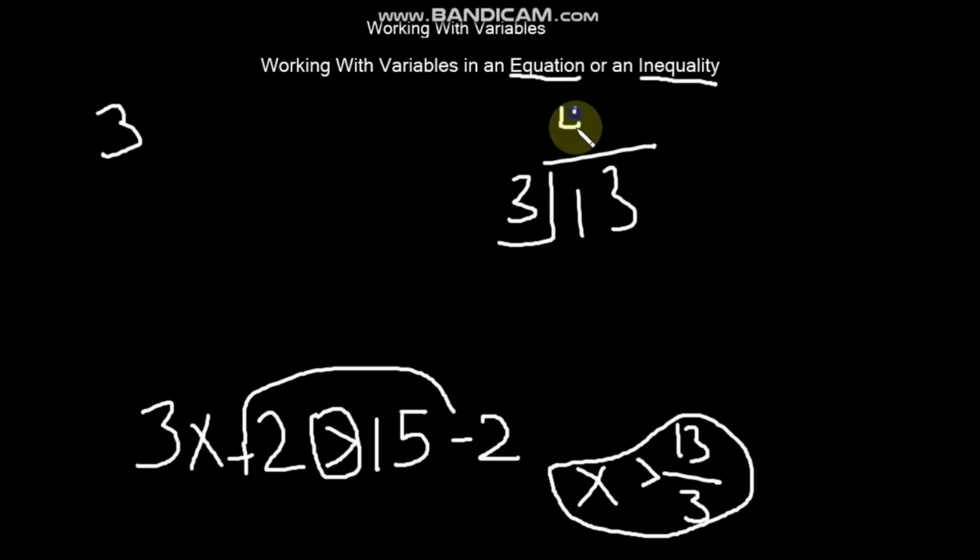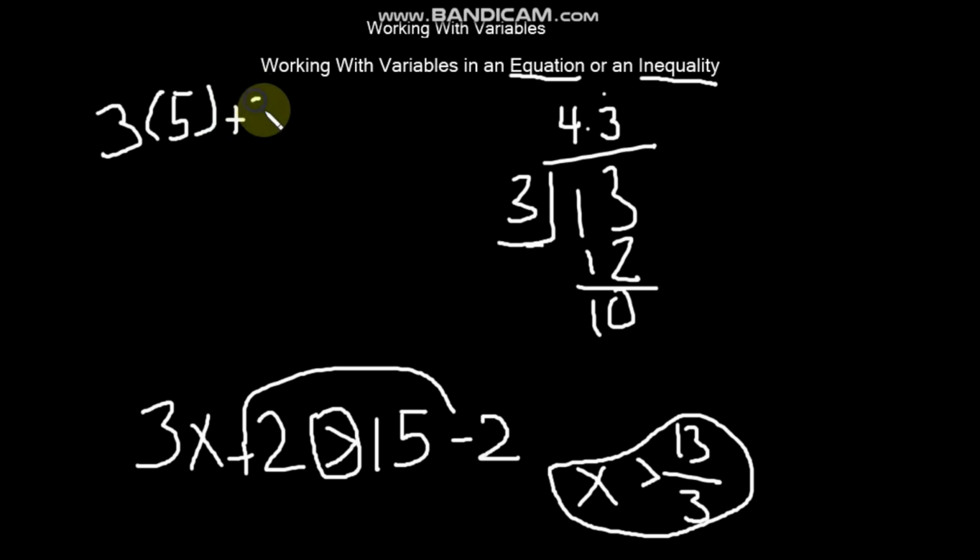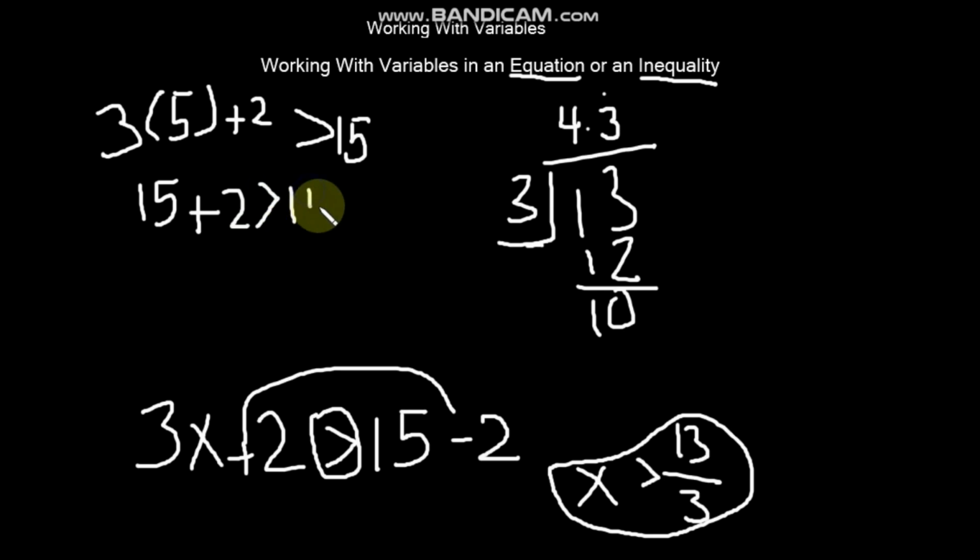So 4, 12, 1, 0.3. So 4.3, anything greater than 4.3, let's say 5. So 3 times 5 plus 2 must be greater than 15. So 15 plus 2 is greater than 15. 17 is greater than 15. So we can say that this is correct.